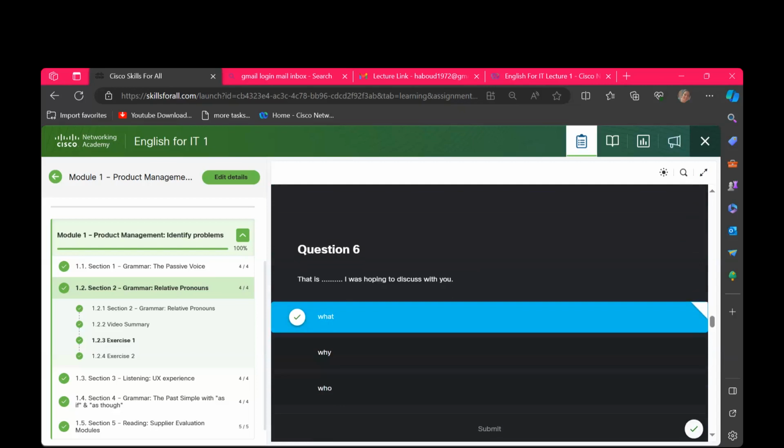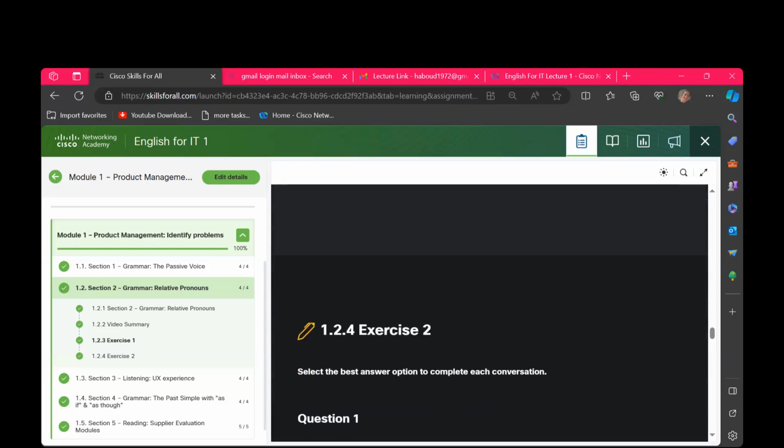This is space I was hoping to discuss with you. Do I say that's why I was hoping, or that's who, a person, or that's what I was hoping to discuss with you? I think it is very understandable. Okay.